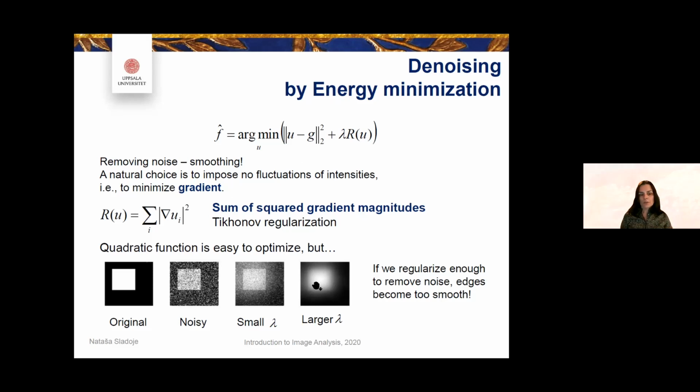Well, what happens is that we get to this type of image, and that means that we simply left the actual image a bit too much, but we also see that we got very smooth edges as well.